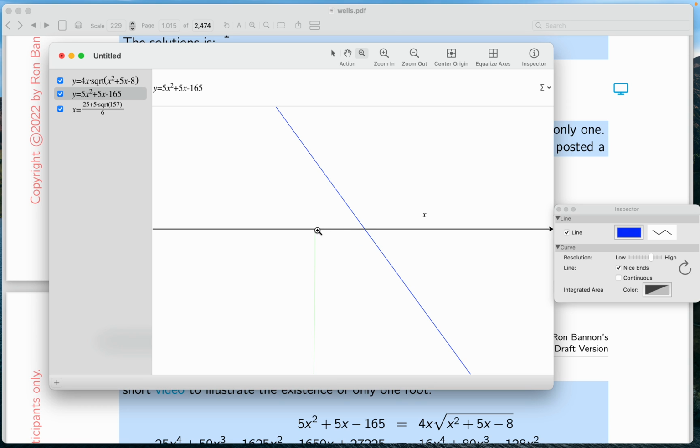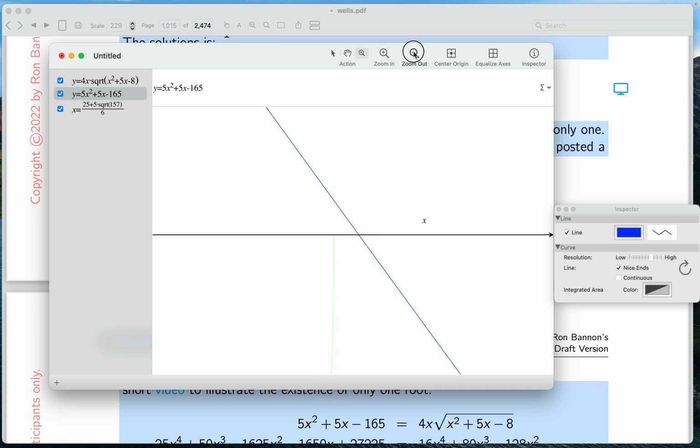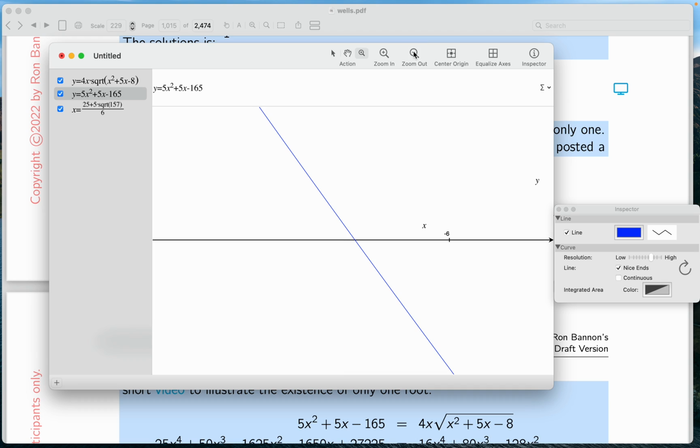But if you look at the green curve and the blue curve, although they appear to be intersecting when I zoom out, you notice they're getting closer and closer as I zoom out, but they're never touching. It's almost like you're far away from something. You say, oh, they look like they're touching, when in fact they're nowhere near each other.